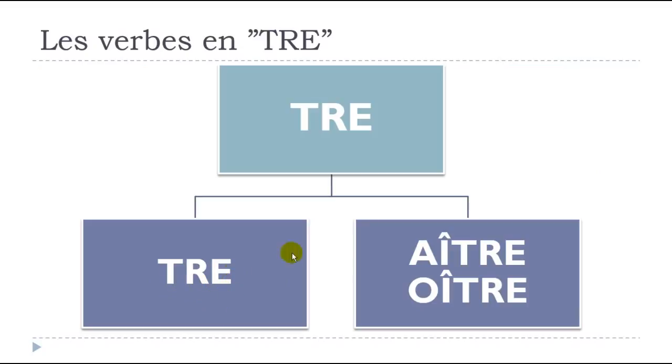But the second one, I thought we should put them in a special group: the verbs ending with être and oître. So AI, accent circonflexe, TRE, être, and OI, accent circonflexe, TRE. Basically they will behave a bit differently. So let's start now with the first one, the verbs ending with TRE.